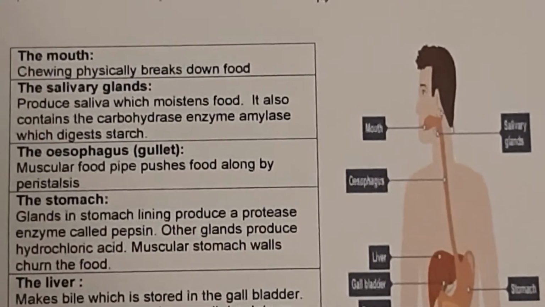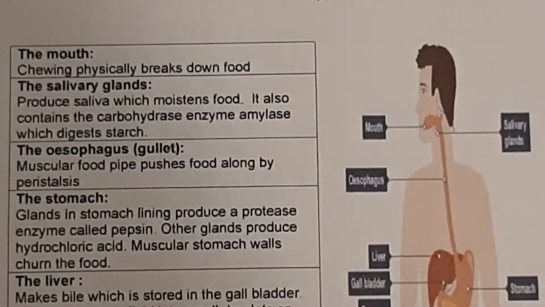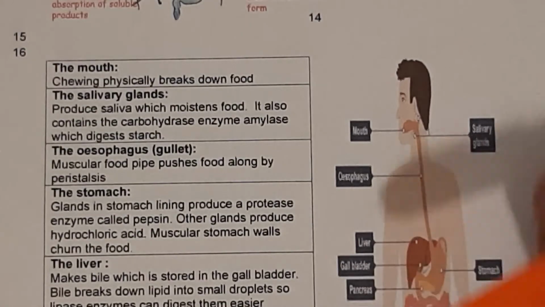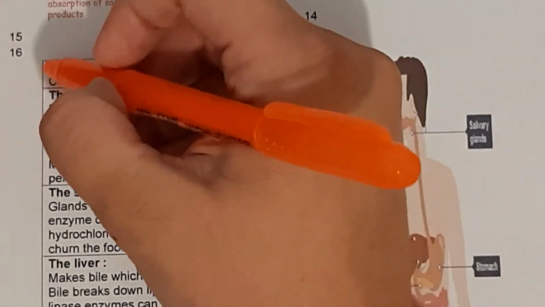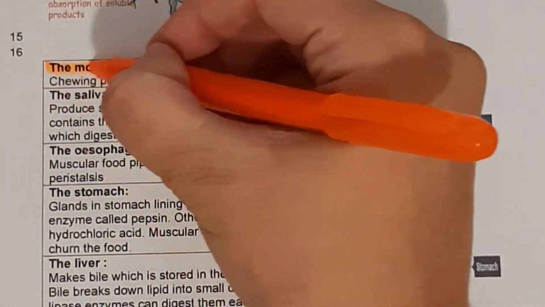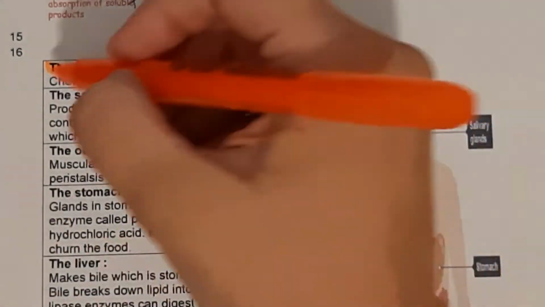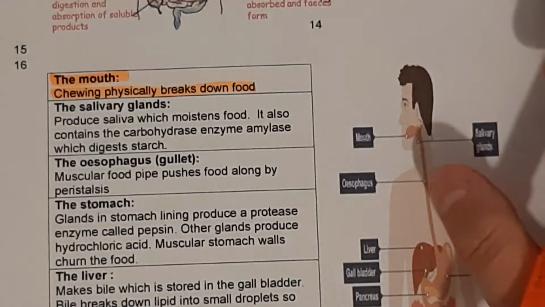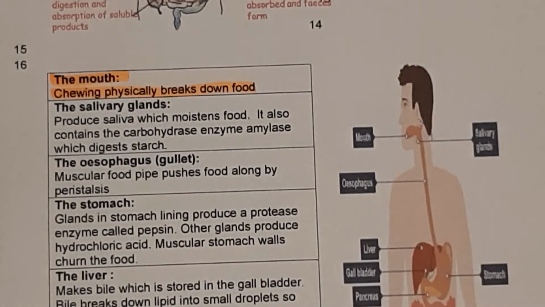Now we're going to look further down our page here at the human body. So we're looking at all the different parts included in the digestive system. So we've got the mouth. Okay, so the mouth is an organ because it contains a variety of different tissues, and where we chew to break down the food from bite-sized pieces into much smaller pieces.